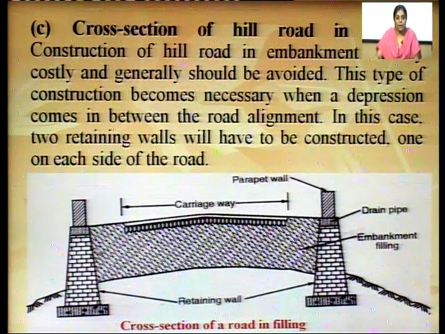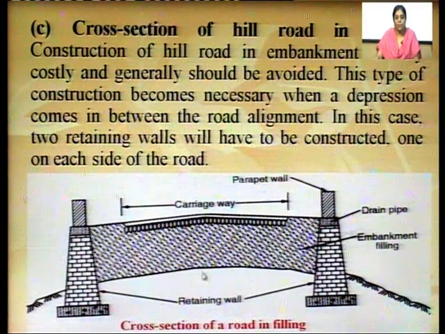So, this is the cross section of road, this is the carriageway, there is a retaining wall on both sides and a parapet wall, and look at this whole part, this whole part is filled with earthwork to construct the road. So, this is the cross section of a road in filling.